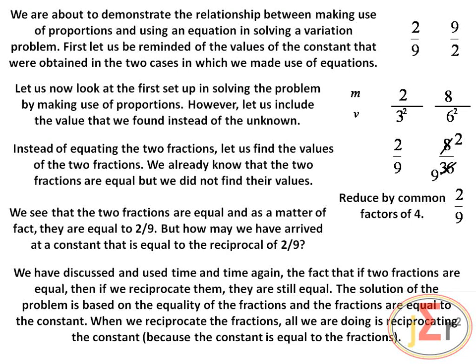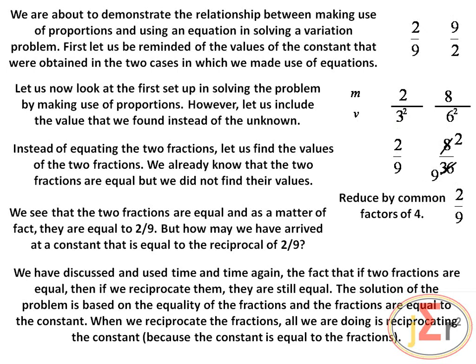When we reciprocate the fractions, all we are doing is reciprocating the constant, because the constant is equal to the fraction. So this fraction is equal to this fraction, which is 2 over 9. If we invert them, we will get 9 over 2 and 9 over 2, which will still cause them to be equal.